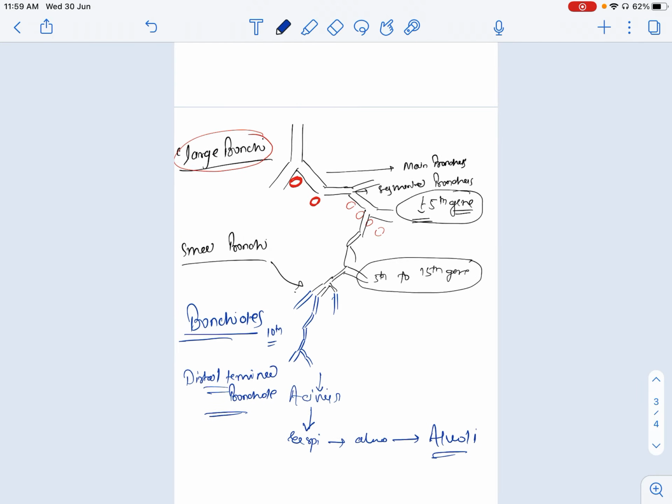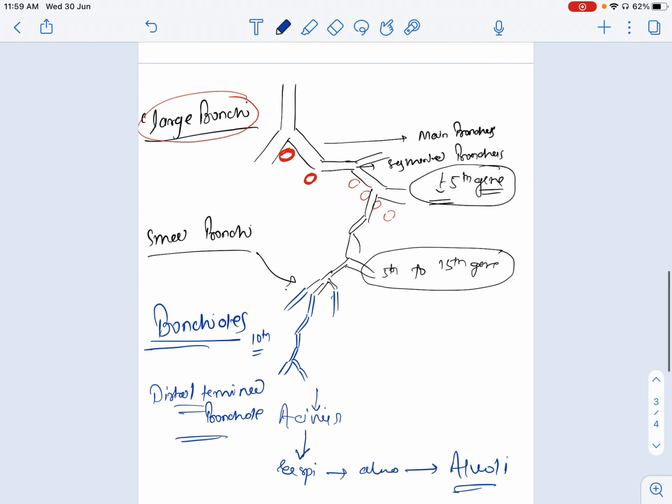To revise, we start with the trachea, which divides into main bronchus and then segmental bronchus. From the first to the fifth generation, we have large bronchi. From the fifth generation to the 15th, we have small bronchi, which have cartilage, but in less quantity.